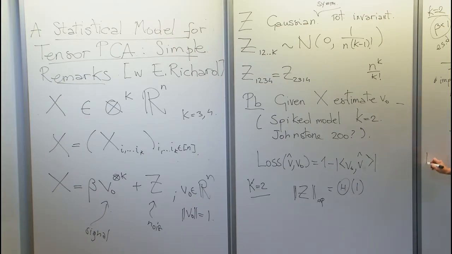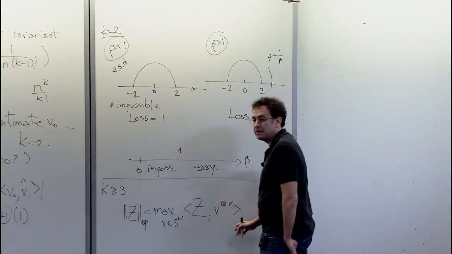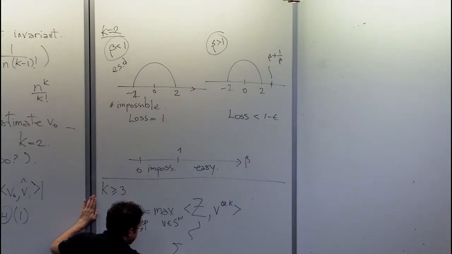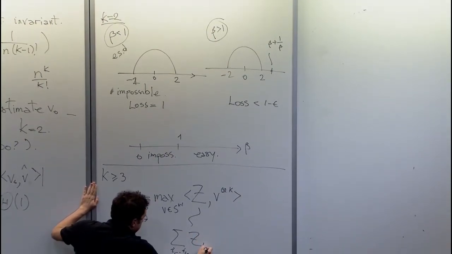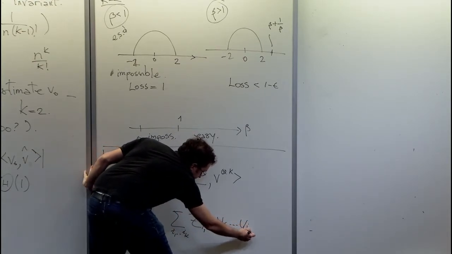Okay, so let's try to think about k bigger or equal than 3. What is the operator norm? What is the right generalization of operator norm? I claim that the right generalization, which also appears in the literature, is this object: the max over v in the n-dimensional sphere of the scalar product of Z with v tensor product k. Here, this is really the sum over i1 to ik of Z i1 ik times v i1 through v ik.